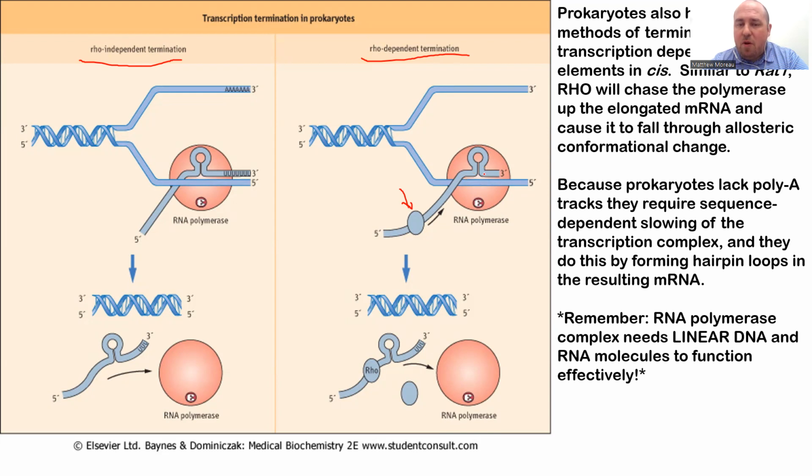And the rho-dependent terminator typically has a secondary structure, which is made by a bilateral palindromic sequence separated by a small spacer, and that allows for the creation of something like a hairpin.